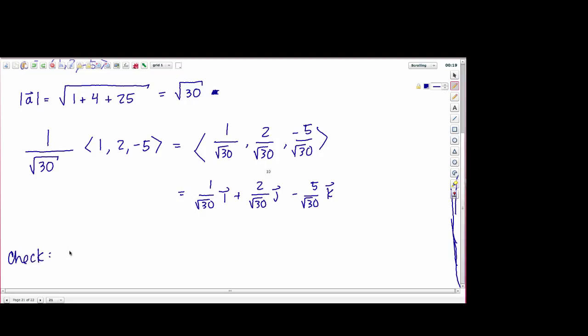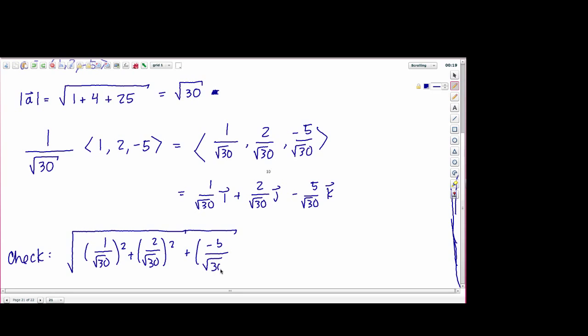I need to find the length of this vector, so I'm going to do the square root of 1 over root 30 squared plus 2 over root 30 squared plus minus 5 over root 30 squared. When we square everything, we get 1 over 30 plus 4 over 30 plus 25 over 30.